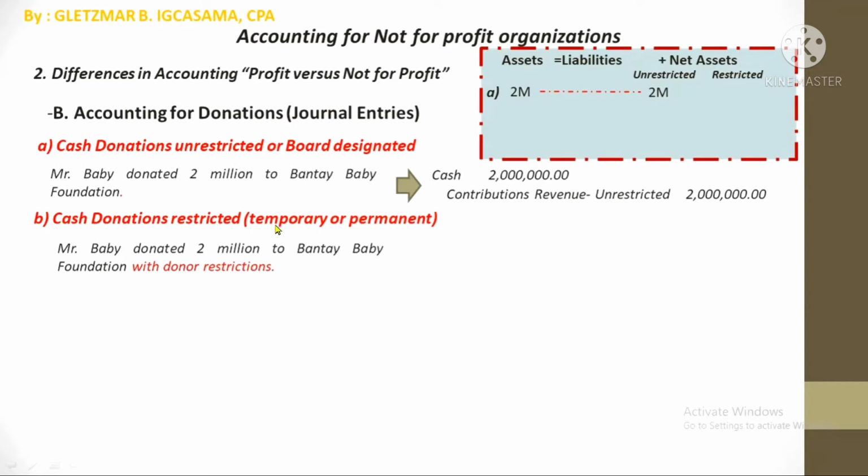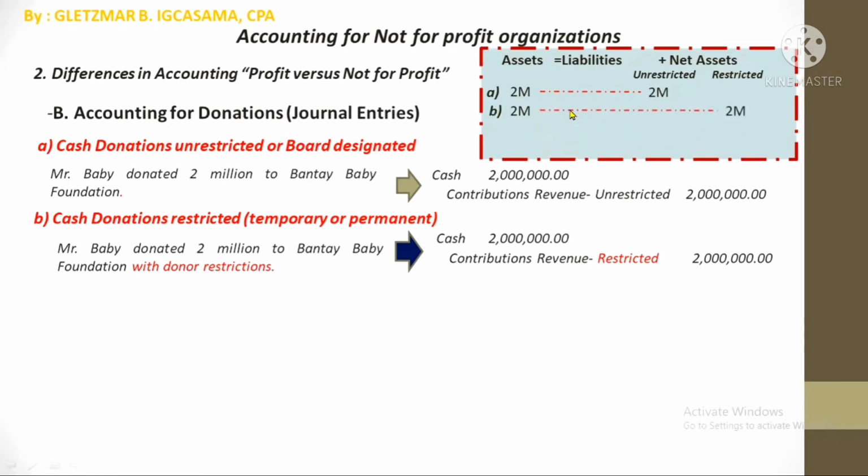Again, we do not care if the restriction is temporary or permanent. The entry for this one is still debit cash 2 million. But the credit is now contributions revenue restricted 2 million. And the effects on the accounting equation are an increase in assets, the same with this one. But then again, the counterpart is an increase in net assets restricted already.